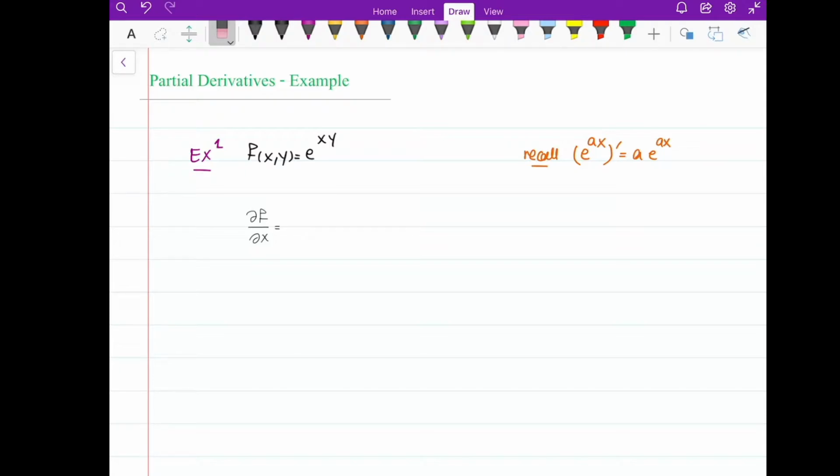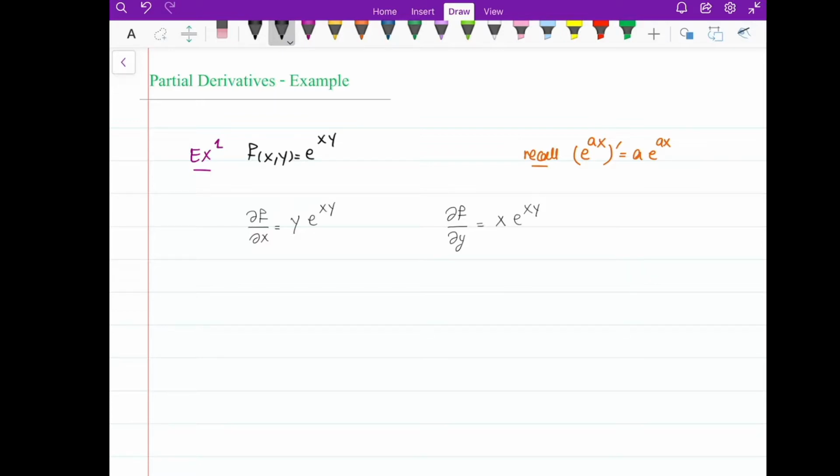Here, I'm taking the partial derivative with respect to x, so y is my constant, so I get y e to the power of xy. I use the chain rule basically. And the partial derivative of f with respect to y would be what? I'm going to treat x as a constant, so x and then e to the power of xy.